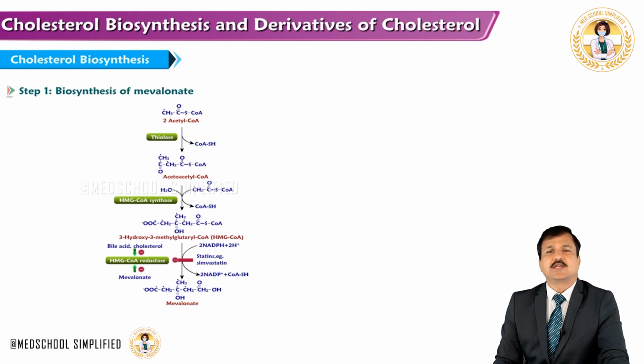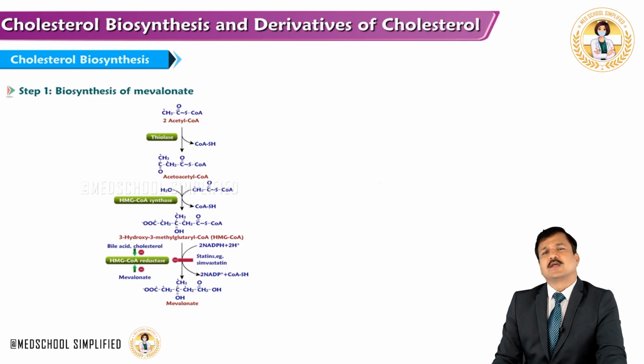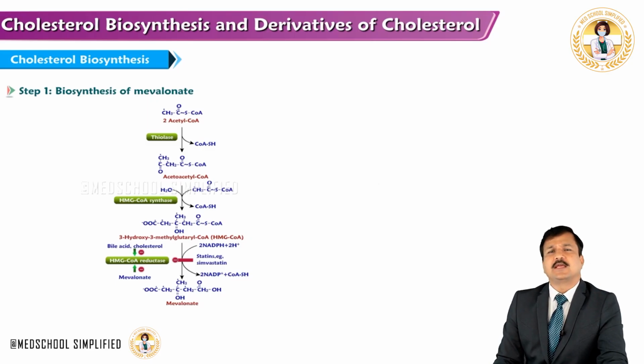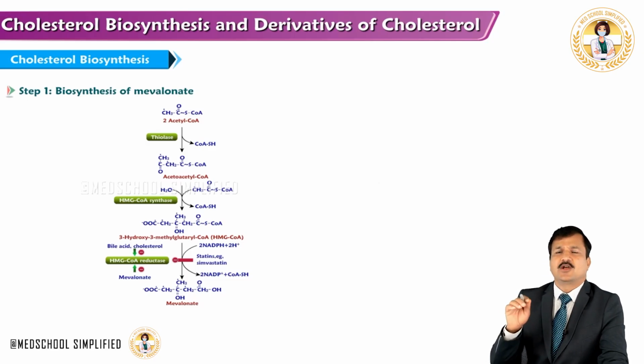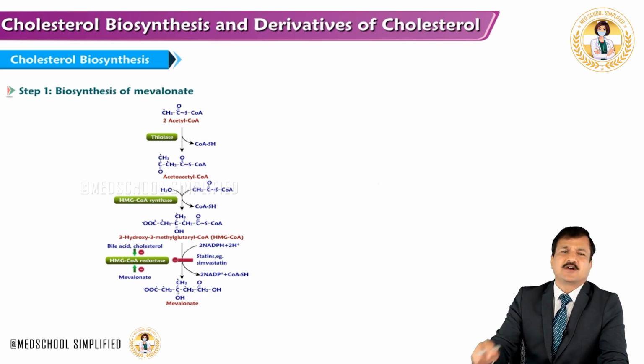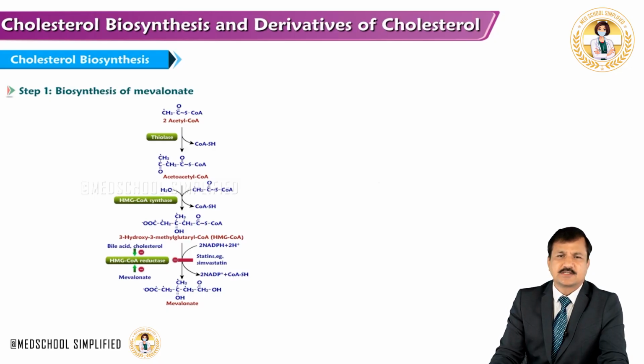This reaction is going on in the cytoplasm. Now note that acetyl-CoA in fact is made in the mitochondrial matrix. Formation of acetyl-CoA itself is going on in the matrix of mitochondria, whereas the initial stages of cholesterol biosynthesis are going on in the cytoplasm.